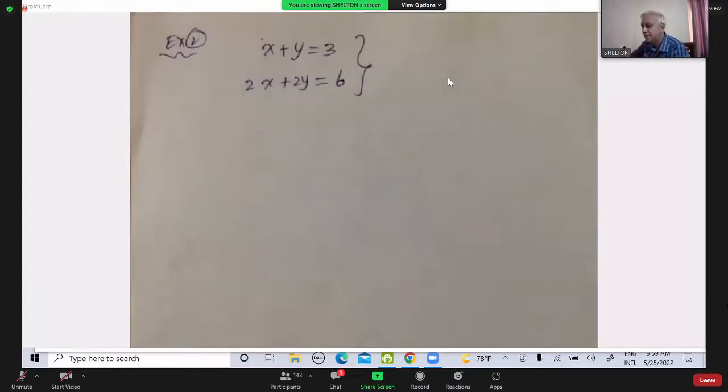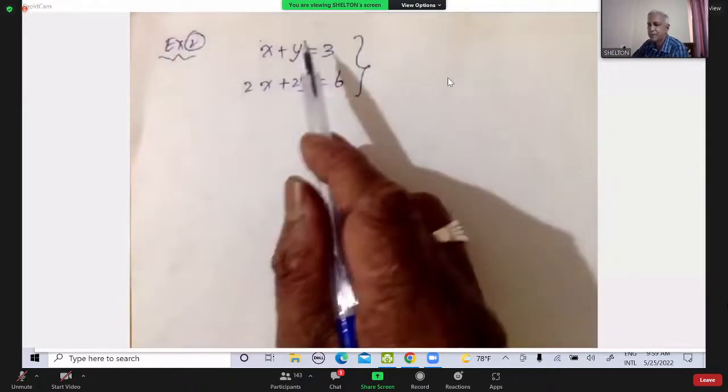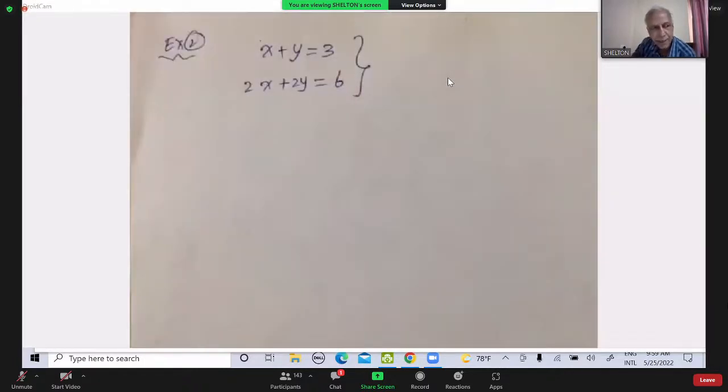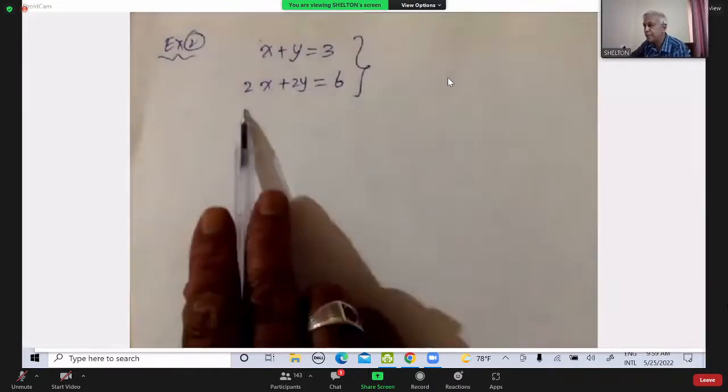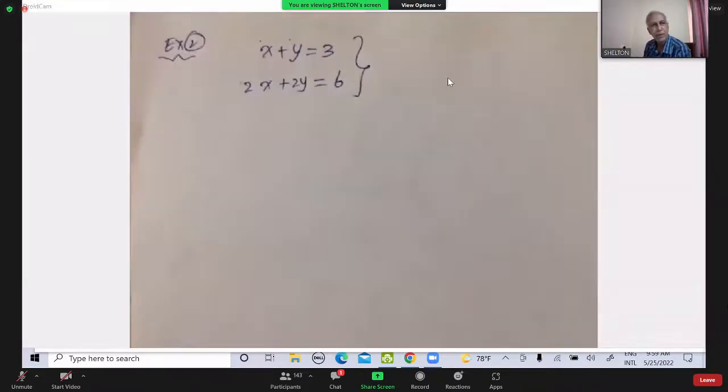What will happen? How many equations are there? 2 equations. How many unknowns? 2 unknowns, x and y. But one might say, if you divide this by 2, you get that. It's the same equation in disguise.